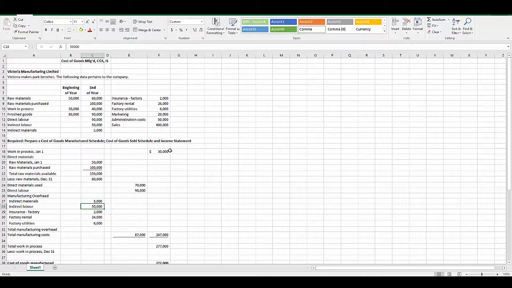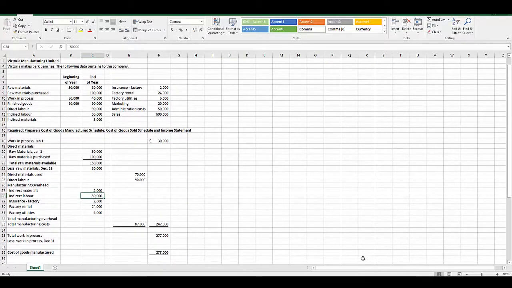So your work in process, 30,000, gets added to the new costs that you incurred during the year of 247. You're going to add the 247 to the 30,000 to come up with 277. So that's your work in process during the year.